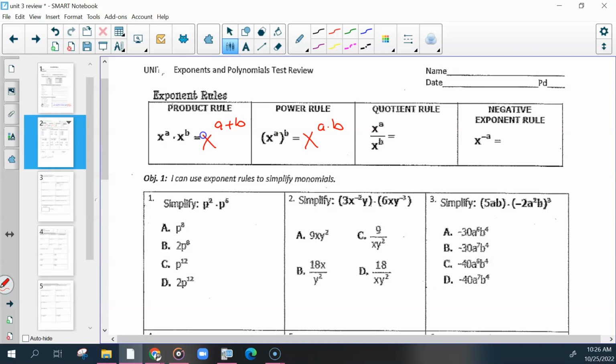Subtracting. X to the a minus b. And if we have a negative exponent, what happens? 1 over, and your exponent becomes positive. So 1 over x to the a. Or, if it were flipped, 1 over x to the negative a would become a positive x to the a.